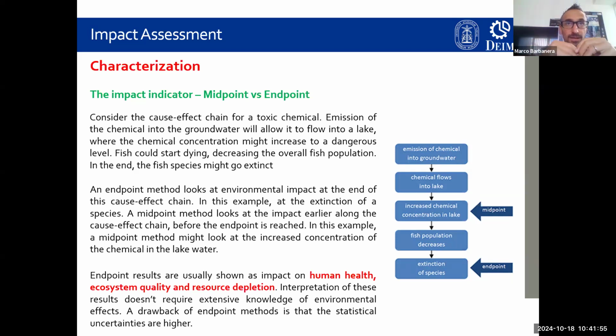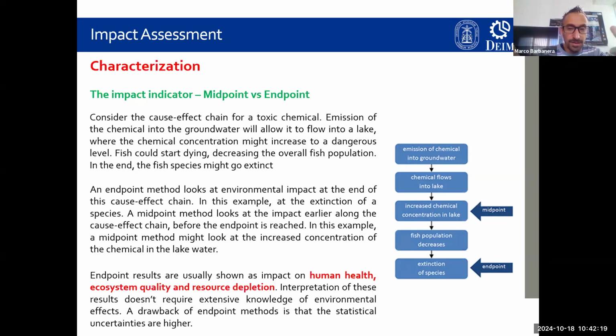Typically, in all impact assessment methods, the endpoint impact categories are only three. And typically, these three endpoint impact categories are named as human health, ecosystem quality, and resource depletion.